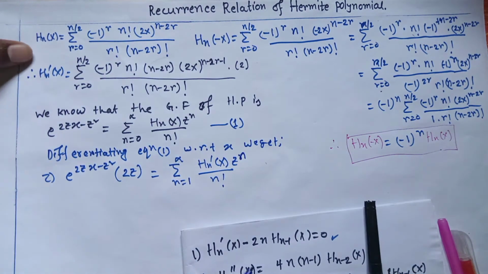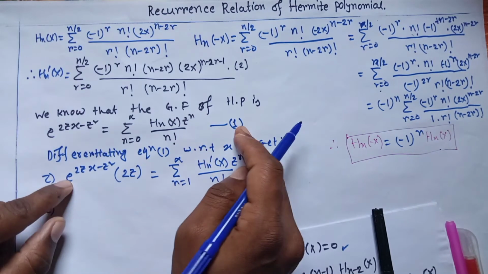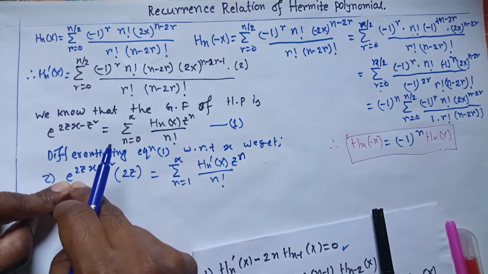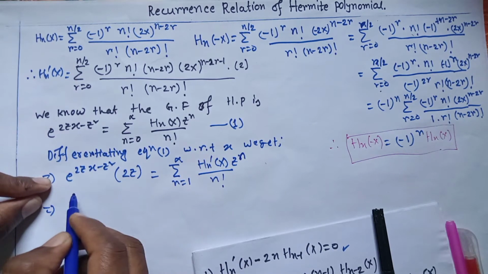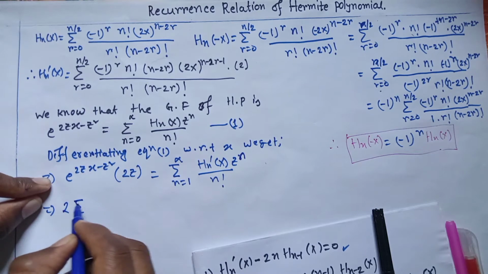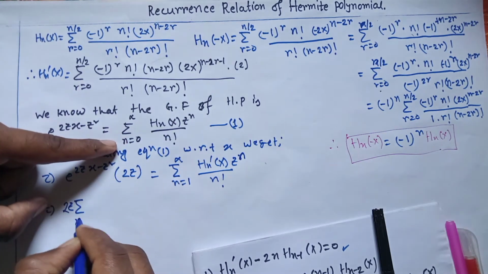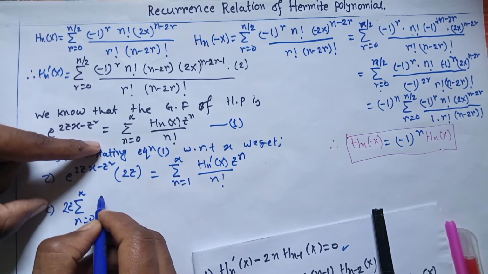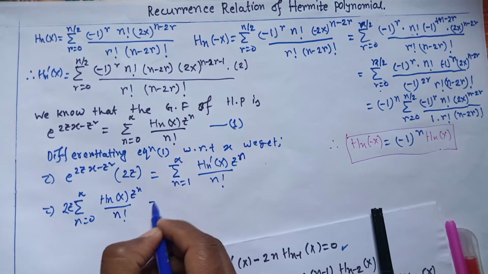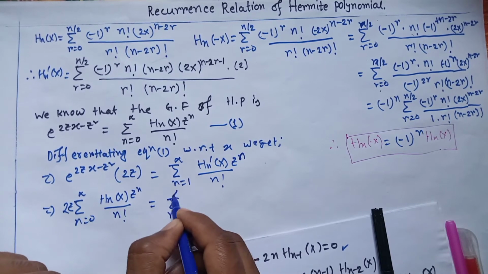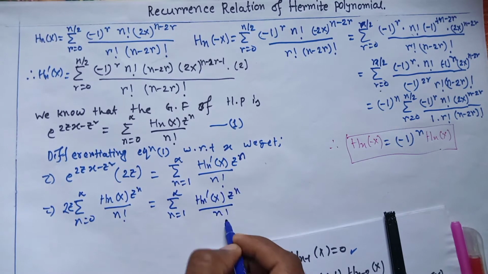Okay, then we see that from equation 1, e to the power 2zx minus z squared is equal to this, so we take 2 into z e to the power 2zx minus z squared, which is equal to n equals 0 to infinity Hn of x z to the power n divided by factorial n, equals n equals 1 to infinity Hn dash of x z to the power n divided by factorial n.